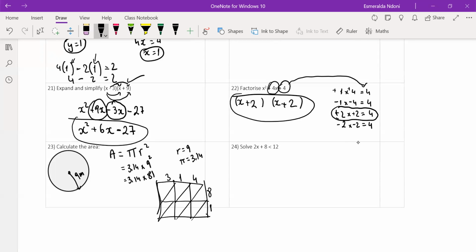Let's go. 4 8s, 32, 1 8, 8, 3 8s, 24, 4 1s, 4, 1 1, 1, and 1 3, 3. Adding them up, 4, 3, 8 add 3, 11, add 3, 14, carrying the 1, 4 add the 1, 5, and we have the 2.